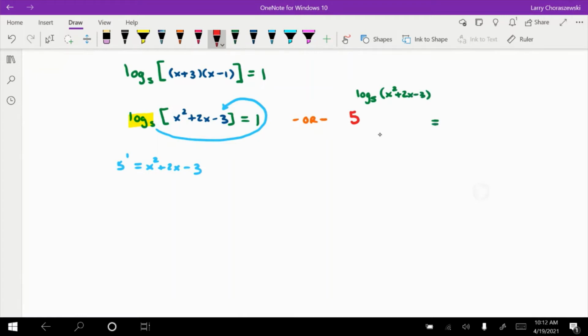Now, if I do that to the left, I'm also going to have to do that to the right-hand side. What's going to happen on the left-hand side since we have 5 being raised to a log base 5? Well, the 5 and the log base 5 are going to cancel each other out. Yep. So x squared plus 2x minus 3 comes back down, and 5 to the first, the best we can do is just keep that as 5.